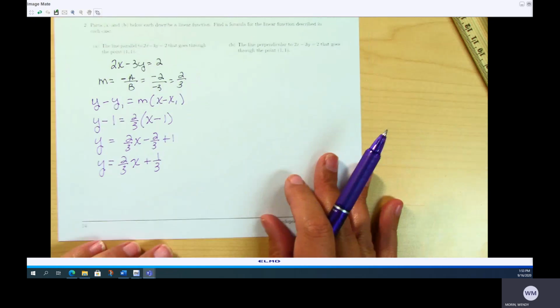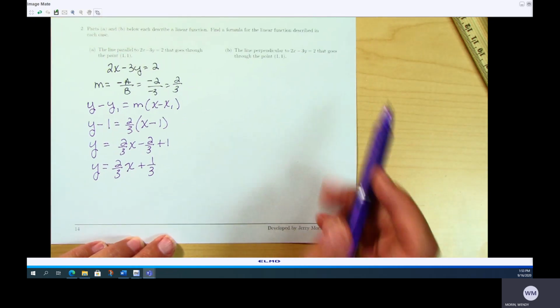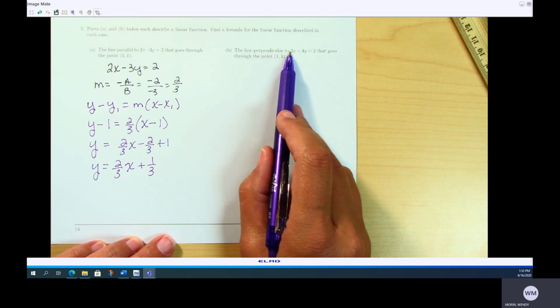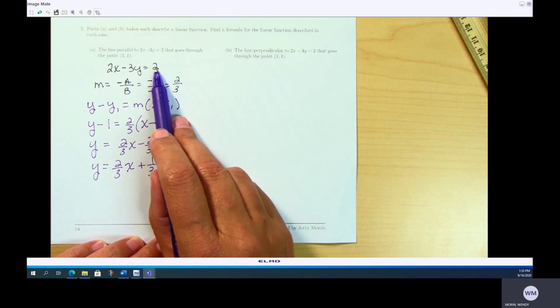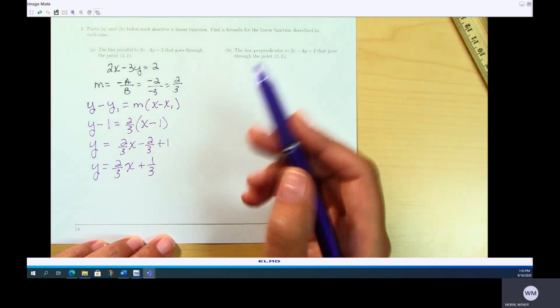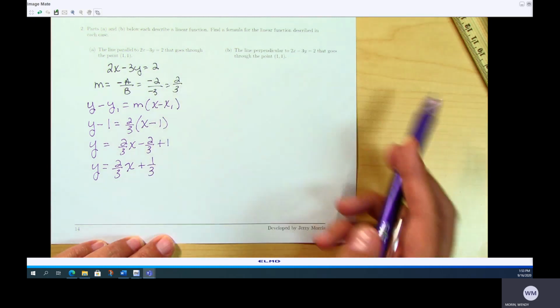So let's see what we have on the last one. Yep, same thing. We know a point, and we know the line is perpendicular, not parallel, but perpendicular. So over here, when it was parallel, the slope was 2/3.